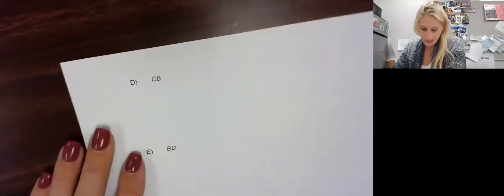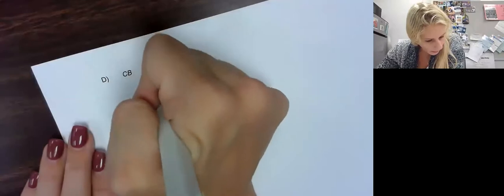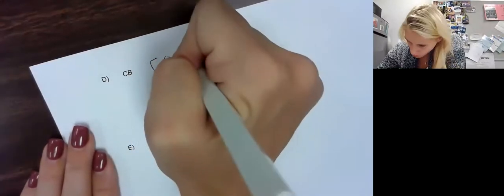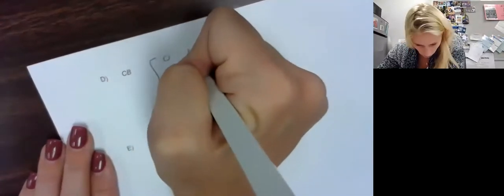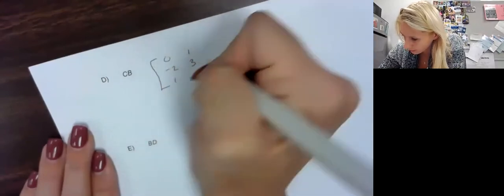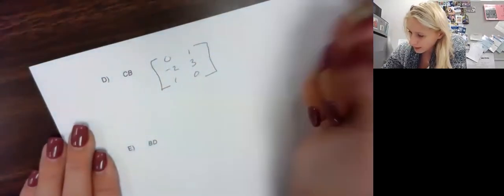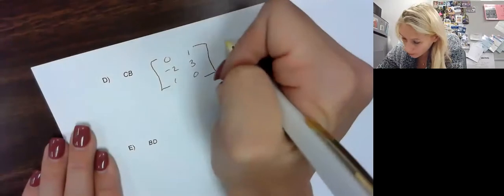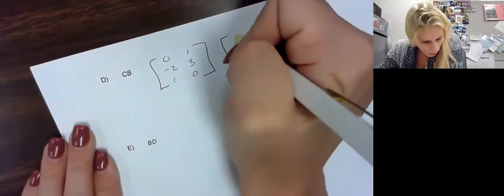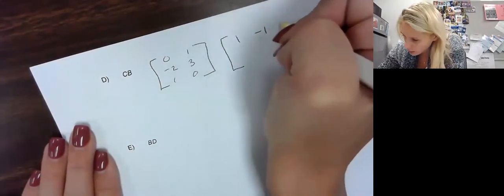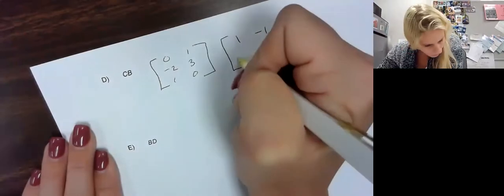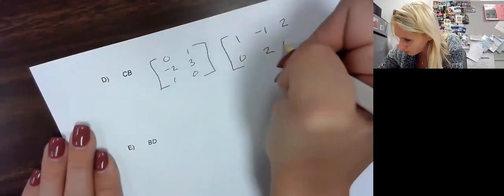If you need to slow down and use colors like I did that first time, go for it. Okay. Oh, I'm going to need my matrices on the side, right? So C is 0, 1, negative 2, 3, 1, and 0. And then we're going to multiply by B. So 1, negative 1, 2, 0, 2, and 1.